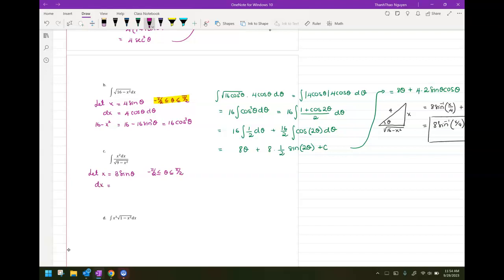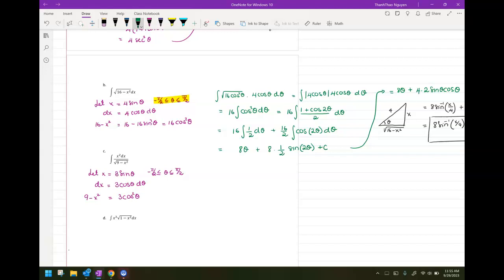So dx equals 3 cosine theta d theta. 9 minus x squared will simplify to 9 cosine squared theta. If x equals 3 sine theta, that means x squared is equal to 9 sine squared theta.